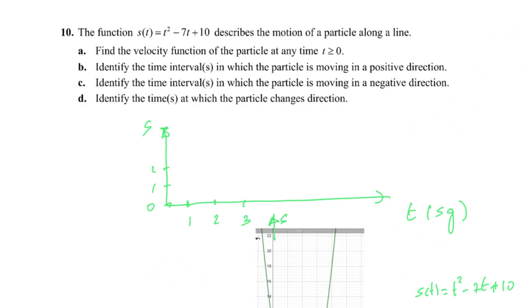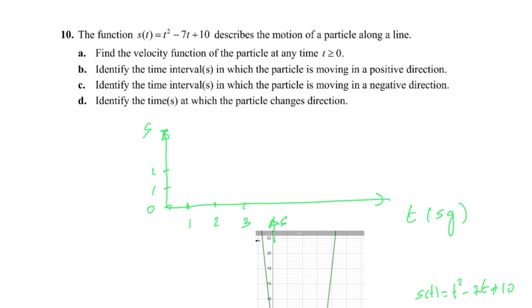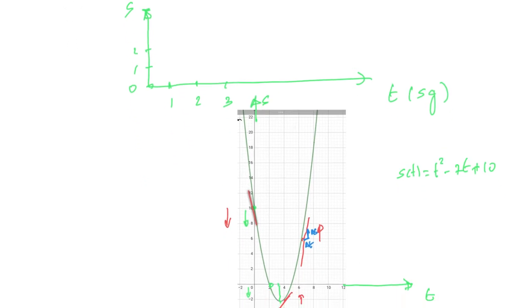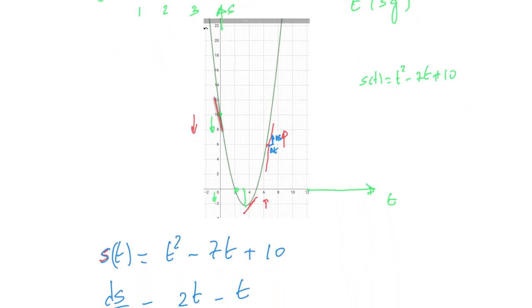Let's go to answer the second question. Identify the time interval at which the particle is moving in a positive direction or in a negative direction. So identify on which interval of time the object is moving, going down.